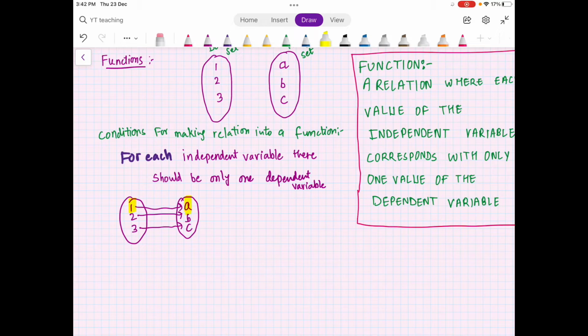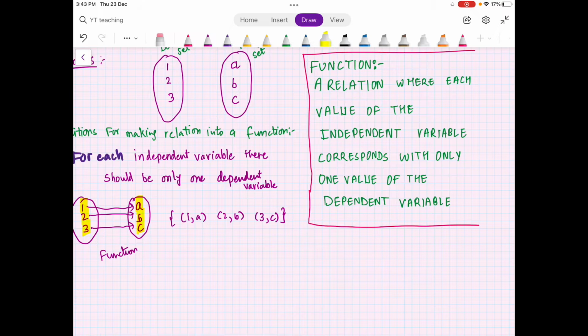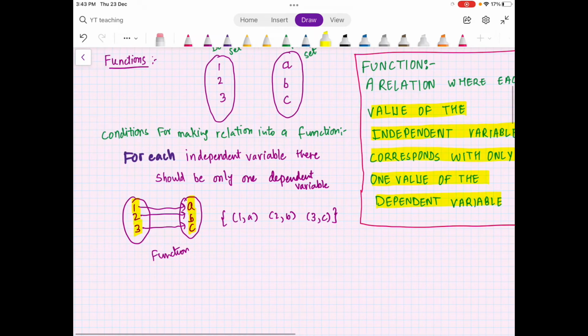For 1 I have A, for 2 I have B, and for 3 I have C. So this is a function. I can write it like this: 1A, 2B, 3C. The definition is: a relation where each value of the independent variable corresponds with only one value of the dependent variable is a function.